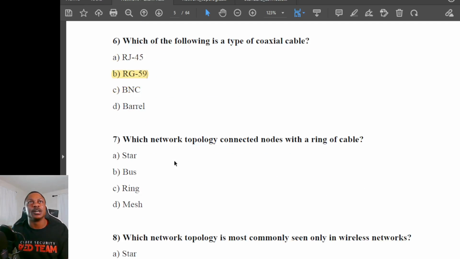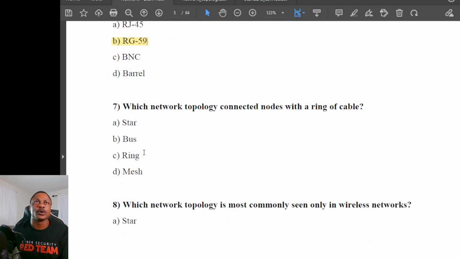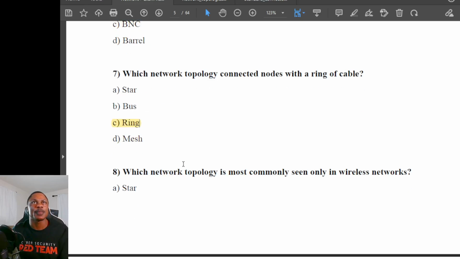Now moving on. 7. Which network topology connects nodes with a ring of cable? So as already discussed, that will be the ring topology. 8. Which network topology is most commonly seen only in wireless networks?